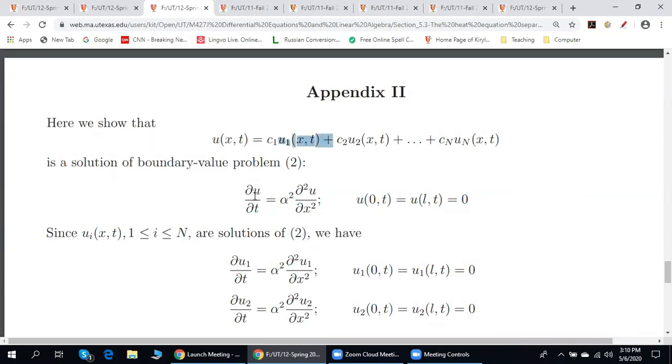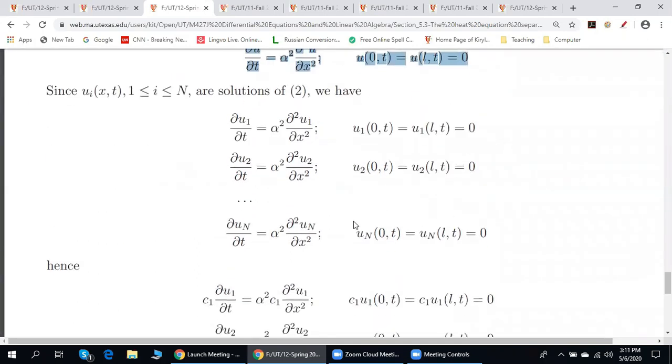U1 is a solution of this problem, means row number 1. U1 is a solution of the equation, and U1 satisfies this condition. U2 is a solution of this problem, means row 2, and so on. Un is a solution of our problem, means row n.